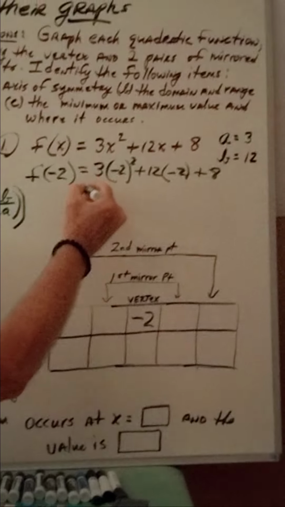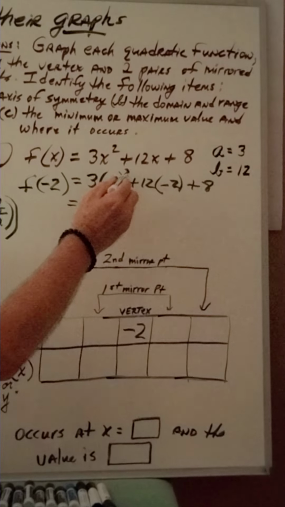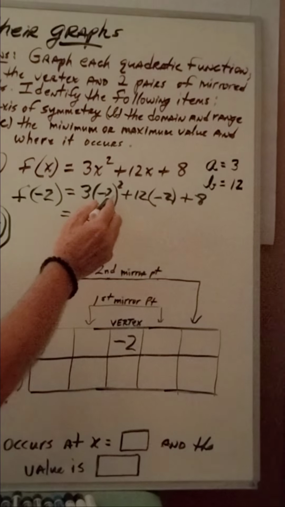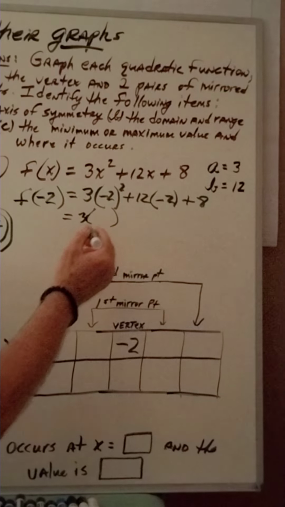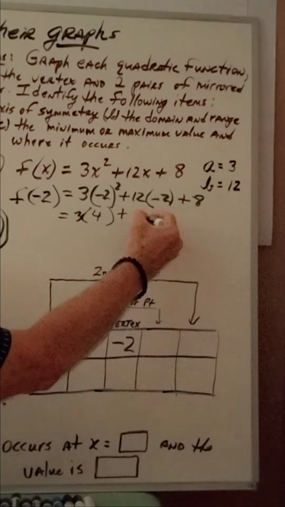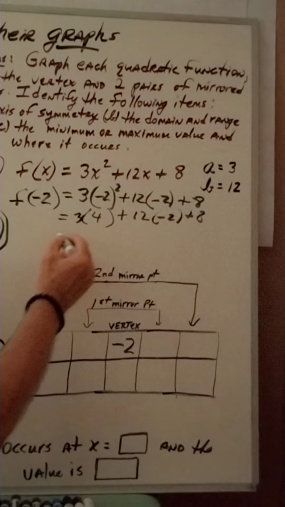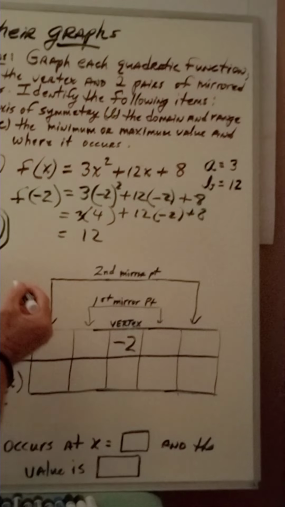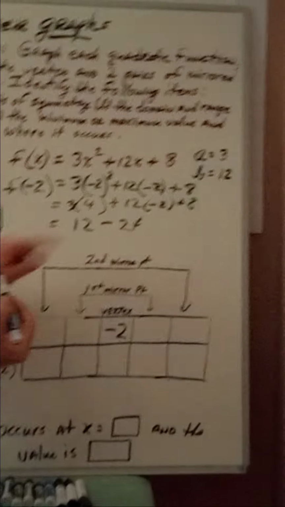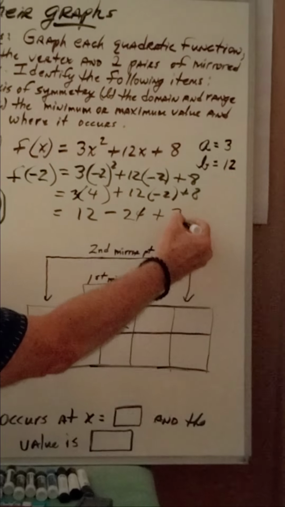Let's come down with that equal sign, and let's follow the order of operations. We need to do this power first, so you bring down the 3, and that's going to get multiplied by the evaluation of negative 2 squared, which would give us a 4. I'm just going to bring down the rest of this. And then we'll have 12 times negative 2, negative 24, positive 8.